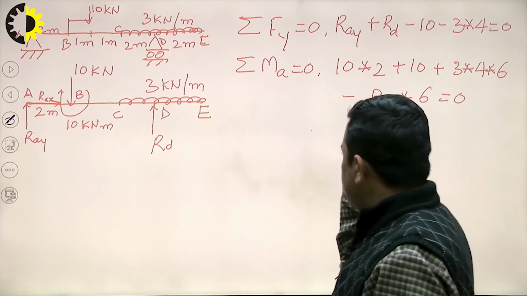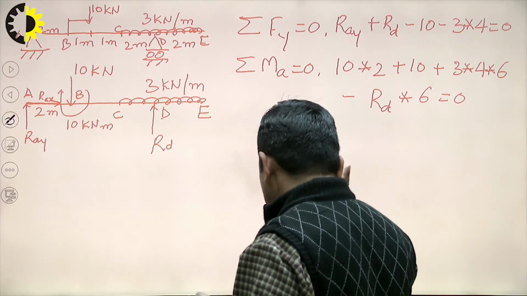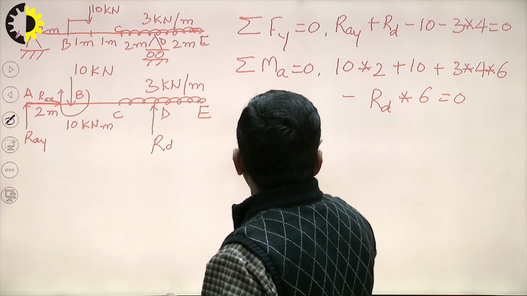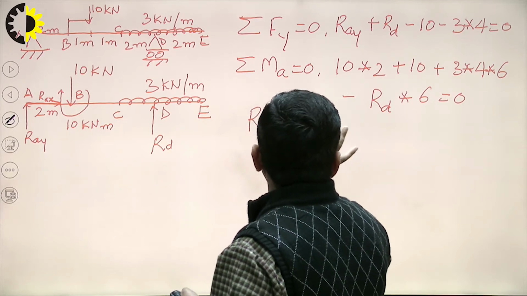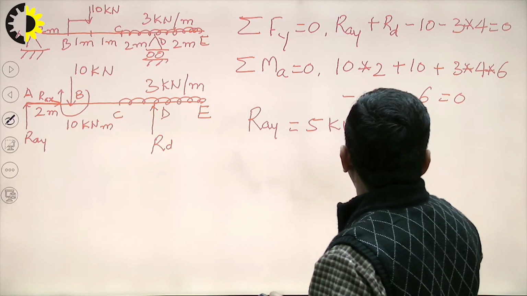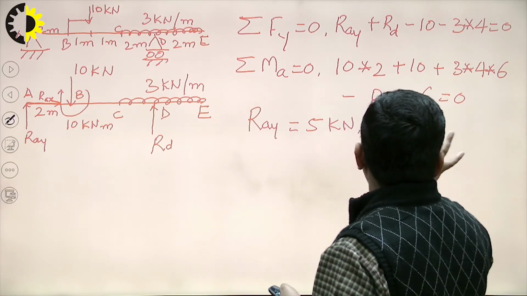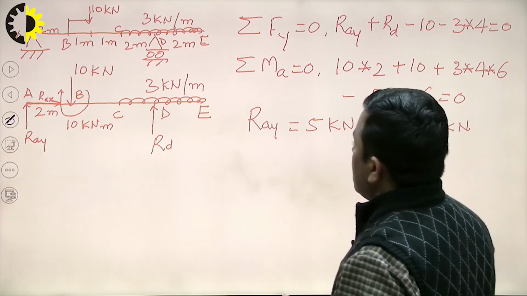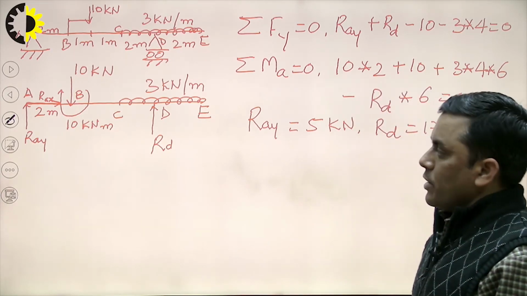By solving these two equations, we will get RAY equals to 5 kilonewton and RD comes out to be 17 kilonewton. Okay. So these are the two support reactions which are coming out.